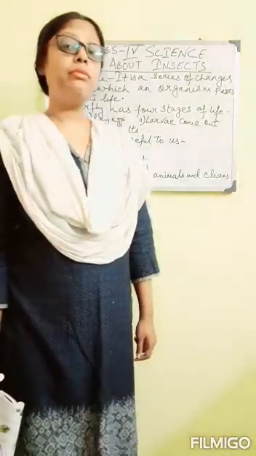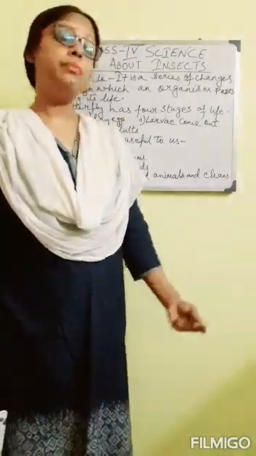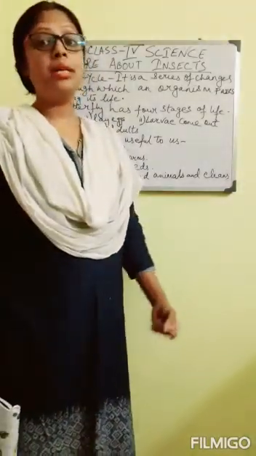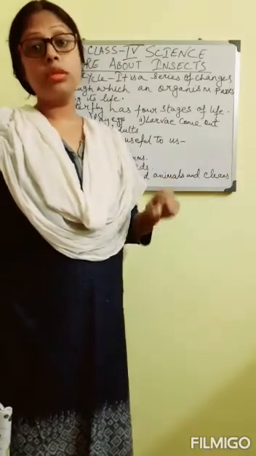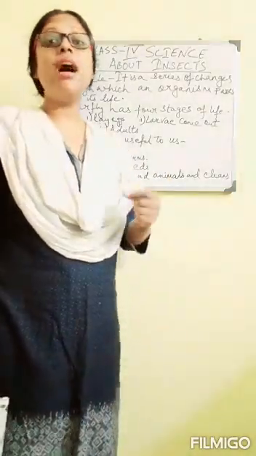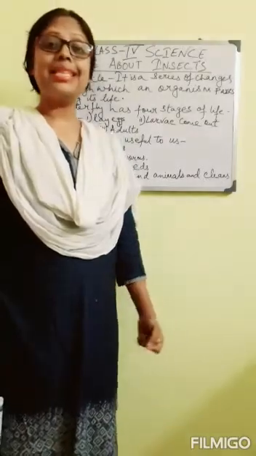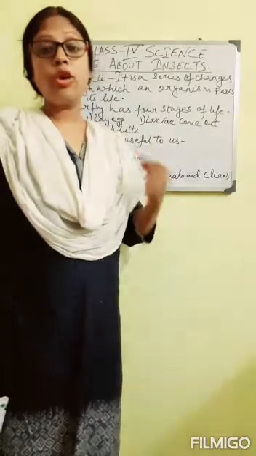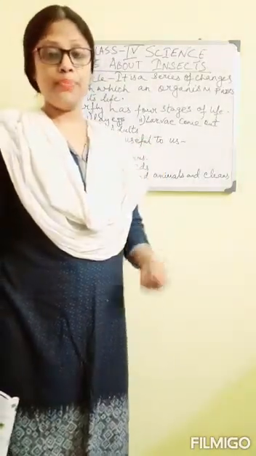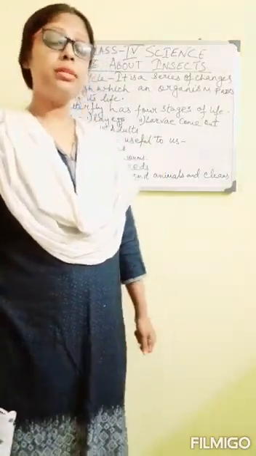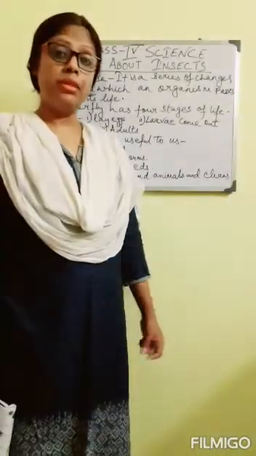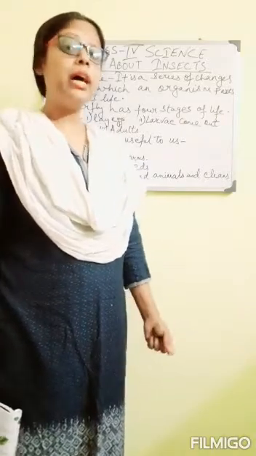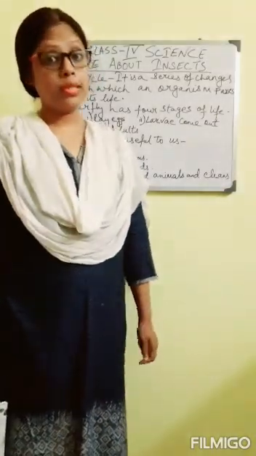There are also insects like bugs. If you keep food for many days, bugs feed on that stale food, which is very harmful for you. These insects can cause diseases in you. Locusts feed on leaves, so they damage the crops. They are also very harmful to us.